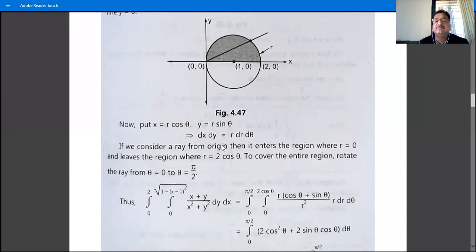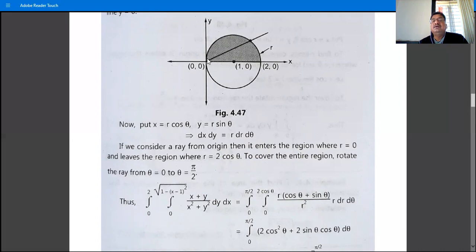This ray from the origin enters the region where r is 0, that is, the radius is 0, and leaves the region where r is 2 cos theta. To cover the entire region, rotate the ray with theta from 0 to pi by 2.